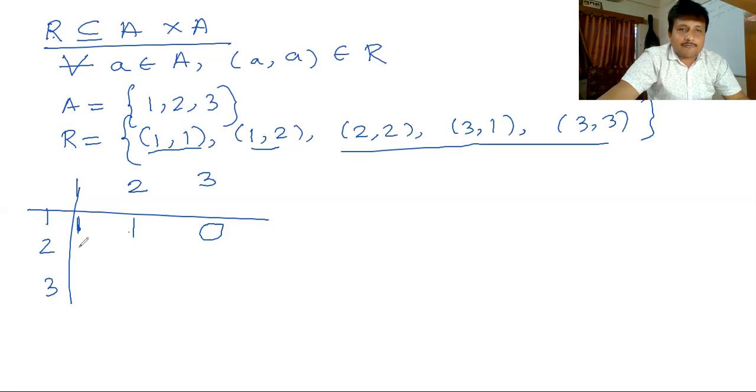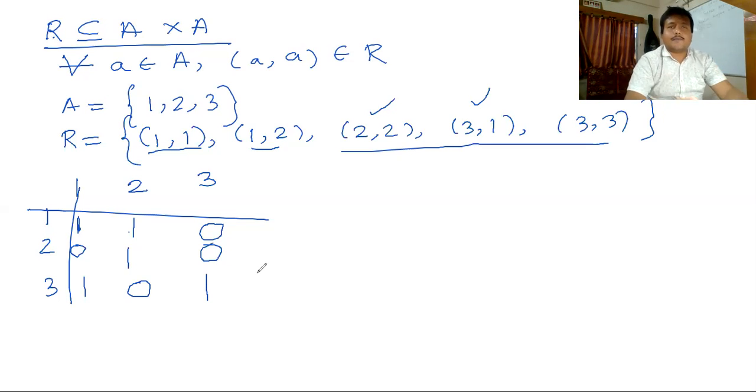Similarly, in the second row, (2, 1) is absent, it's 0. (2, 2) is present, it's 1. (2, 3) is absent, you put 0. (3, 1) is present, so you put 1 over there. (3, 2) is absent, mark it with 0. (3, 3) is present, mark it with 1. And this is the relation matrix of R on the set A.